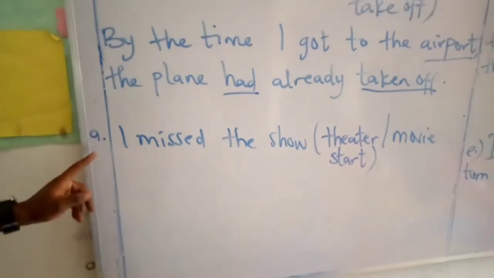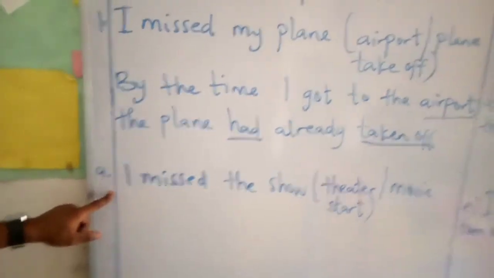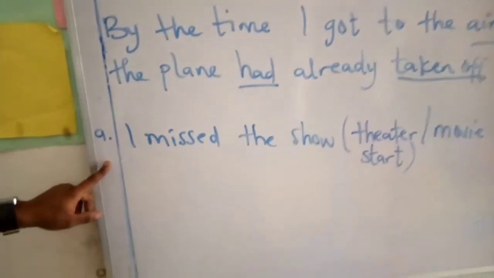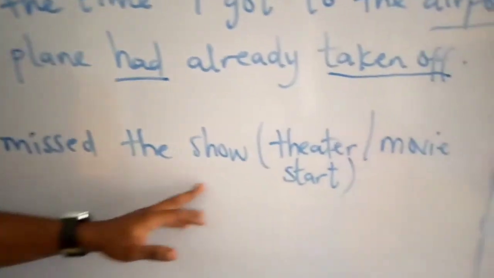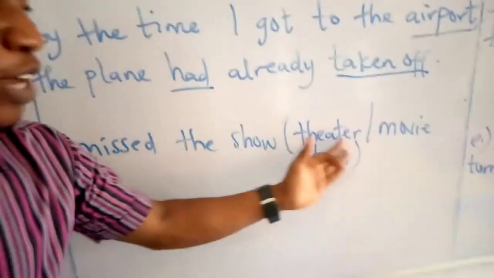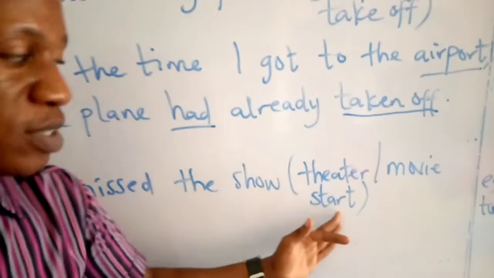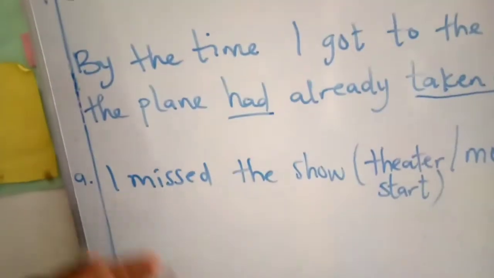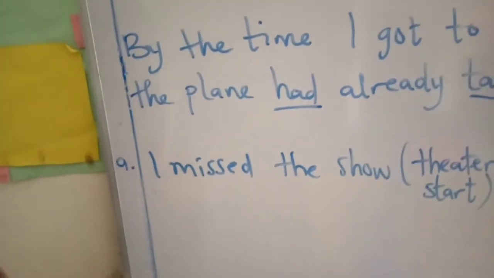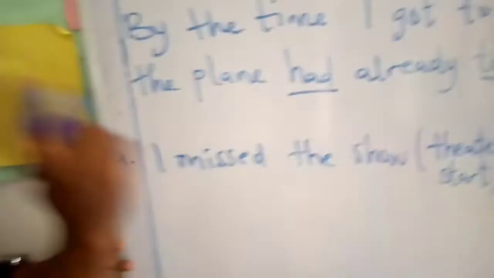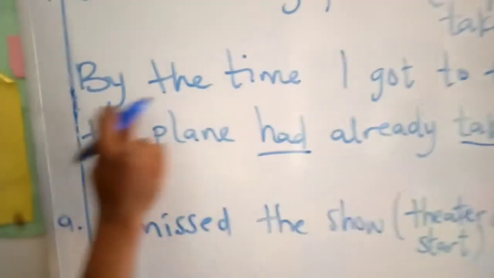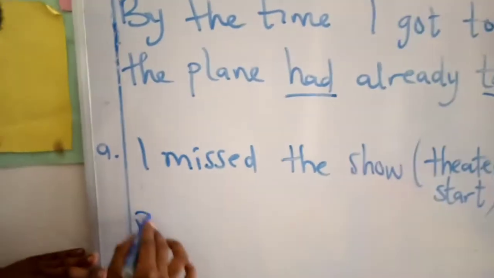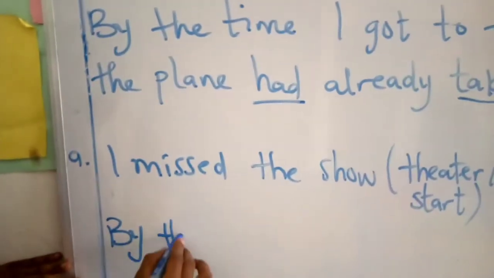Now, letter A. For letter A, we have, I missed the show. Theater, movie, start. Now, how will I change this to the past perfect? Remember, start with by the time.